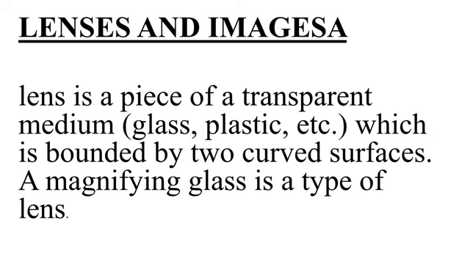What is a lens? A lens is a piece of transparent medium. It can be glass, plastic, etc., which is bounded by two curved surfaces. A magnifying glass is a type of lens.